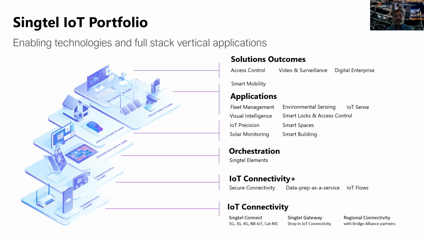Of course, we're also starting to see other OEMs, be it in the medical area, industrial area, different kinds of applications where they want connectivity more on a regional basis. They don't want to be contracting with each and every operator in the region. So that's why the model is for them to talk to us as a single point of contact, and we do the heavy lifting of offering this connectivity on a regional basis.